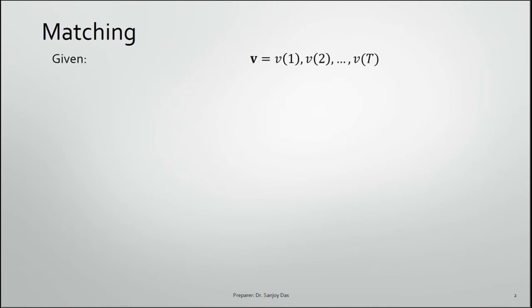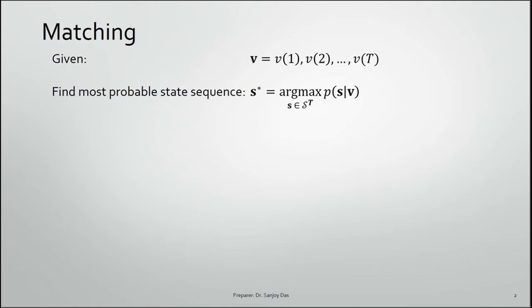We are given a sequence of outputs all the way up to the final time step, uppercase T. And our goal is to find the most probable state sequence S star, which is argmax of S given V, the output sequence.